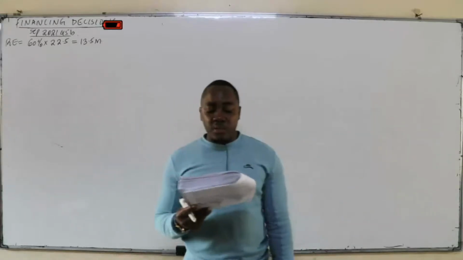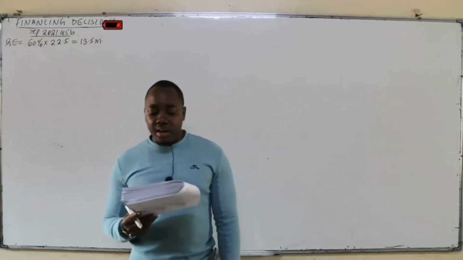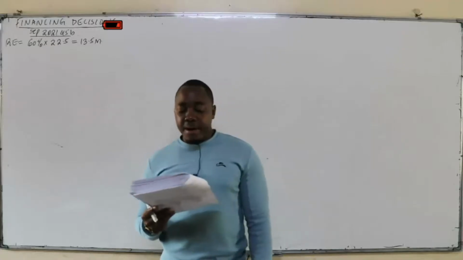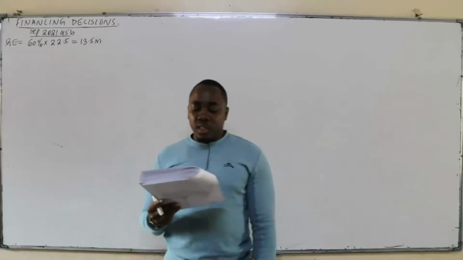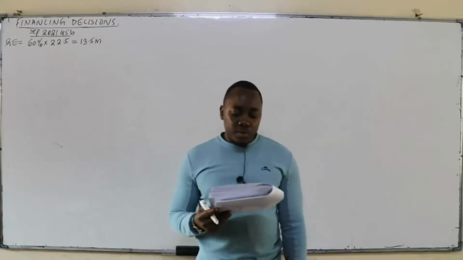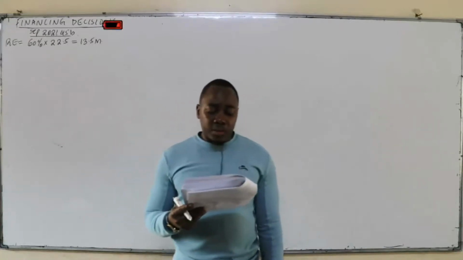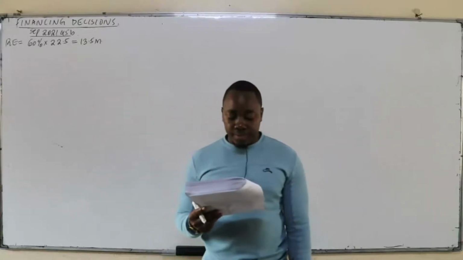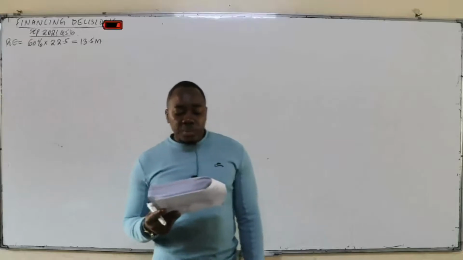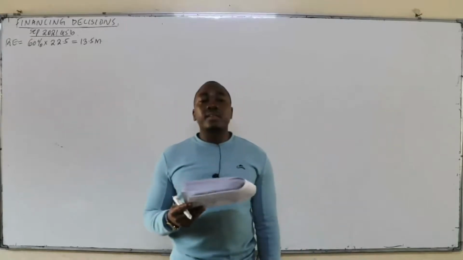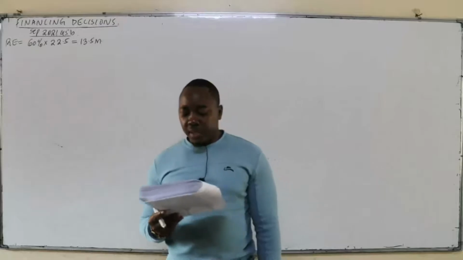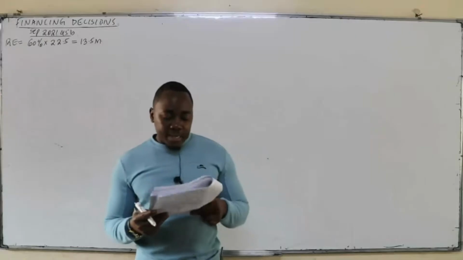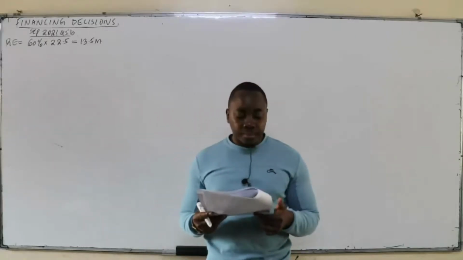Thereafter, an unlimited amount of bonds could be issued under the following terms: coupon interest rate of 12% per annum, par value of 1,000 shillings per bond, flotation cost of 20 shillings per bond, maturity period of 10 years. So these are redeemable bonds, using yield to maturity. Number nine, the optimal capital structure comprises 15% debt, 40% preference share capital, and 45% equity. The corporate tax rate is 30%.